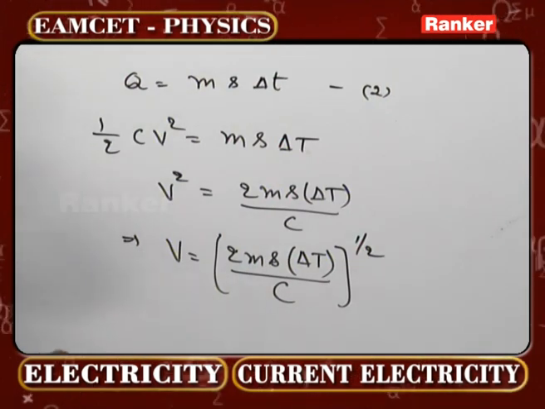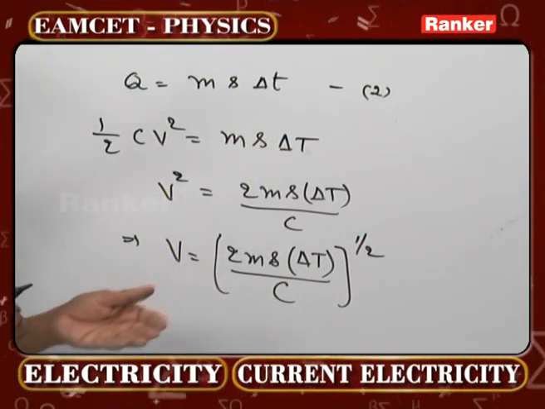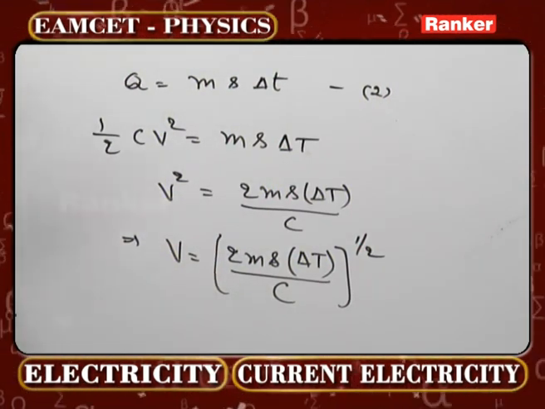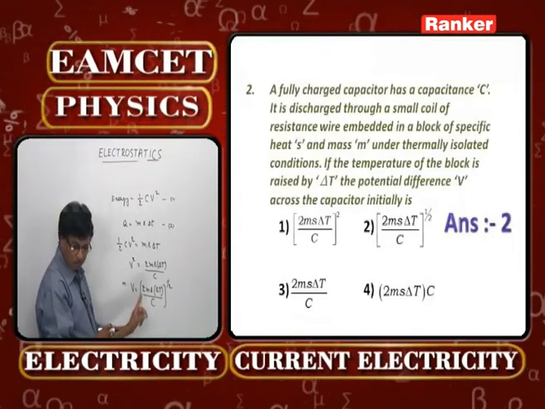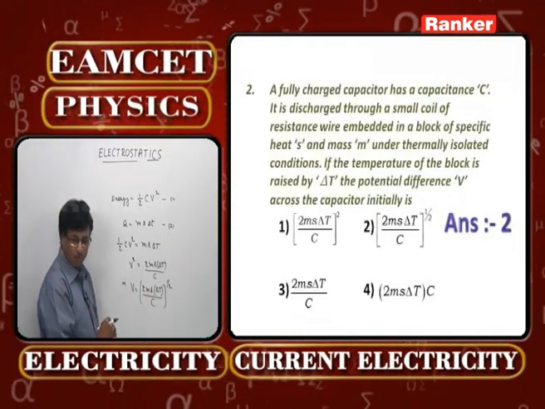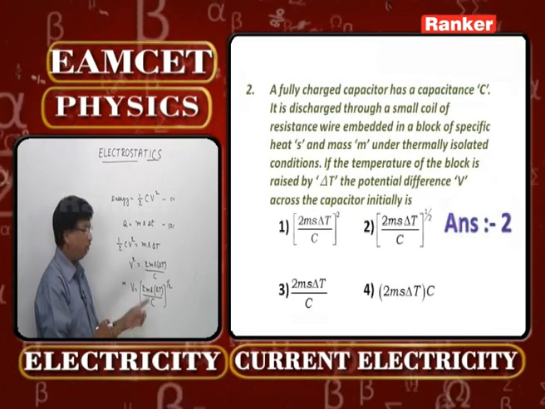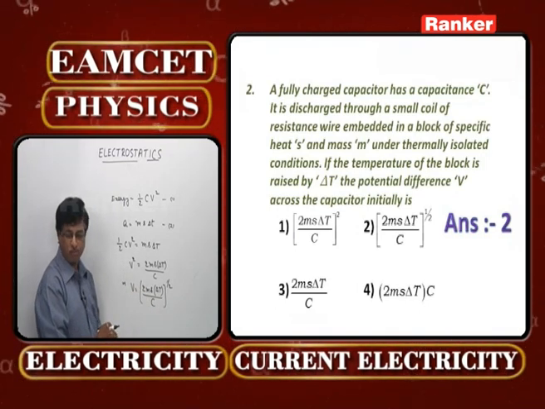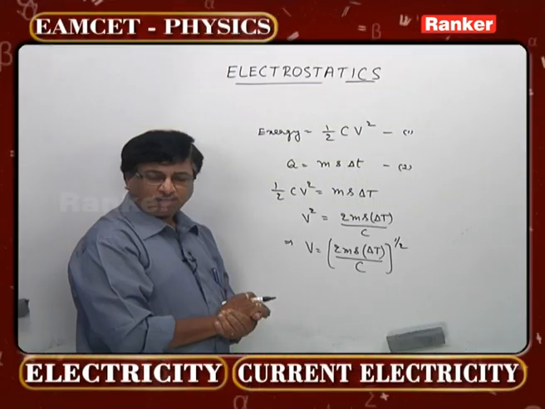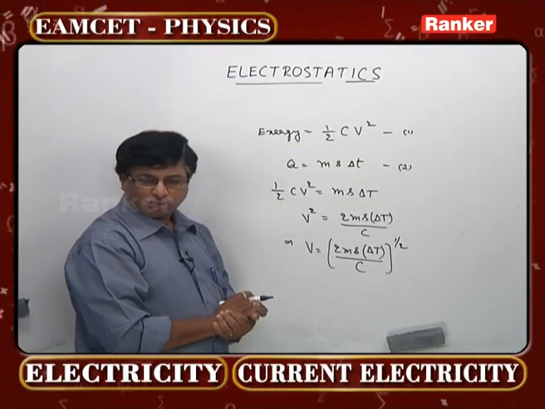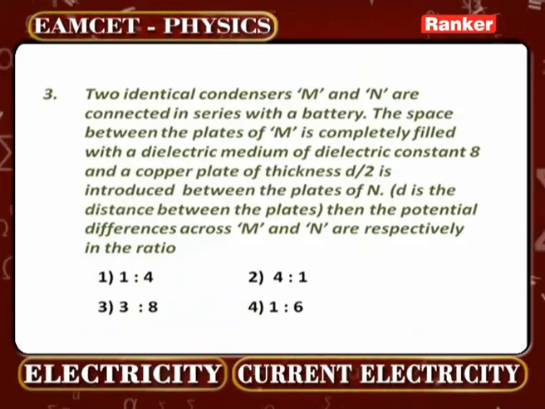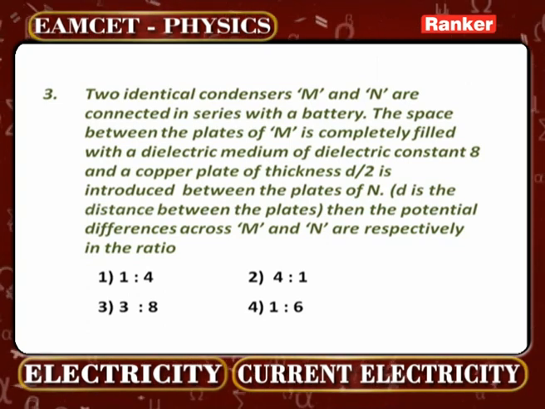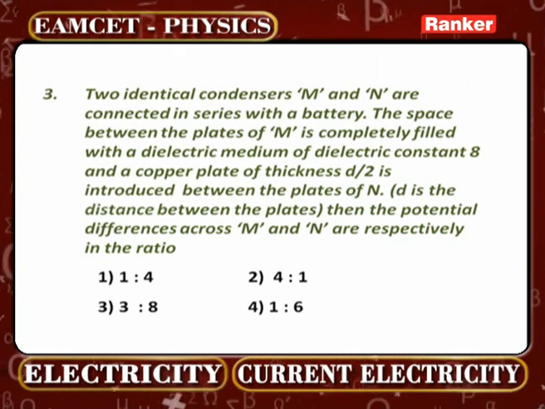So just look at this and compare with the options given over there. 2MS delta T by C whole power half. The second option is going to be the correct option for this question number 2. Right? Let us check the next number please. Two identical condensers, capital M and capital N, are connected in series with a battery.